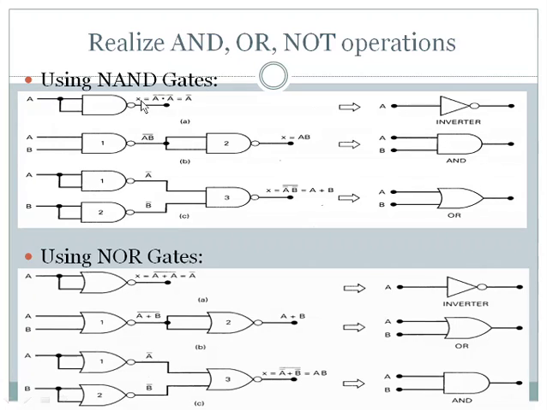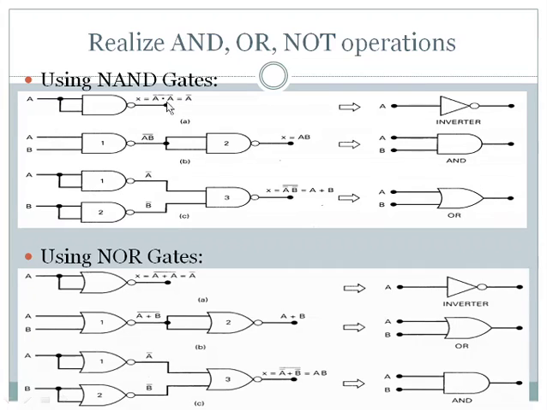By using the Boolean expression of the NAND gate, when there are two inputs A, B, the expression becomes x equal to (A dot B) bar. And here the second input is also tied to the first one, so both the inputs are A only. Then x equal to (A dot A) bar.